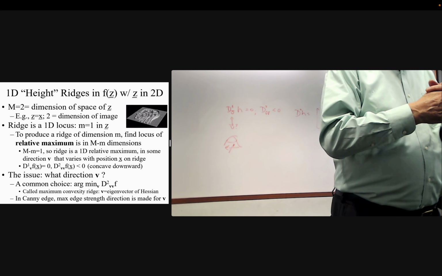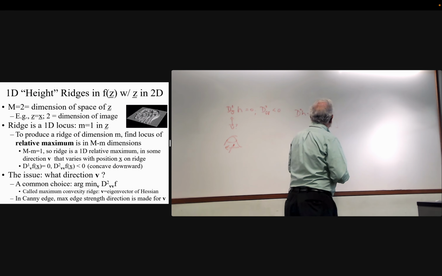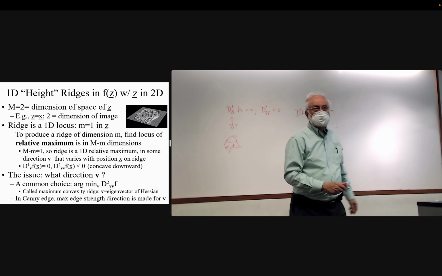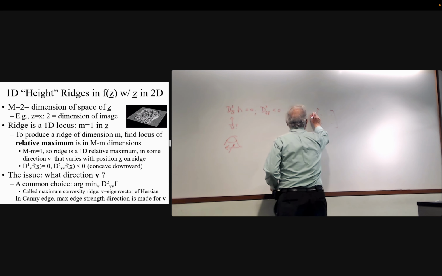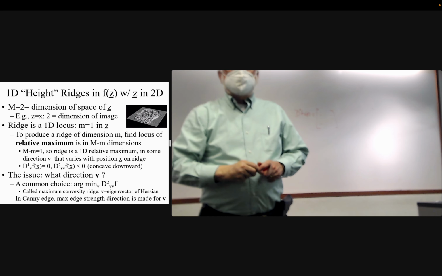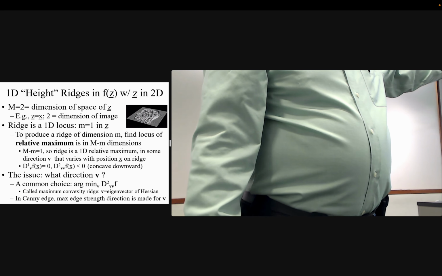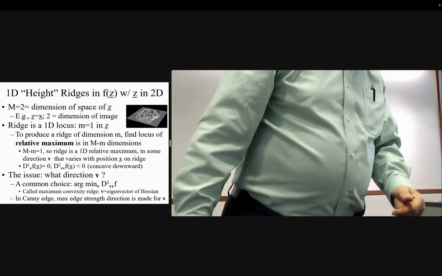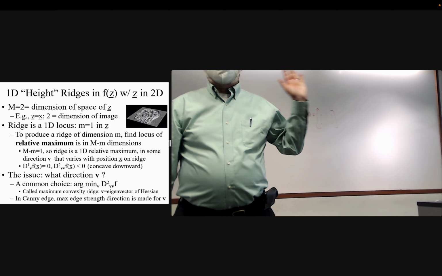And so to find the ridge, at any given point, you are looking at this 2x2 matrix at that point, right? This is D2H at X. And at any point, we can look at the eigenvalues. If neither one is negative, we know there's not a ridge there at all, right?